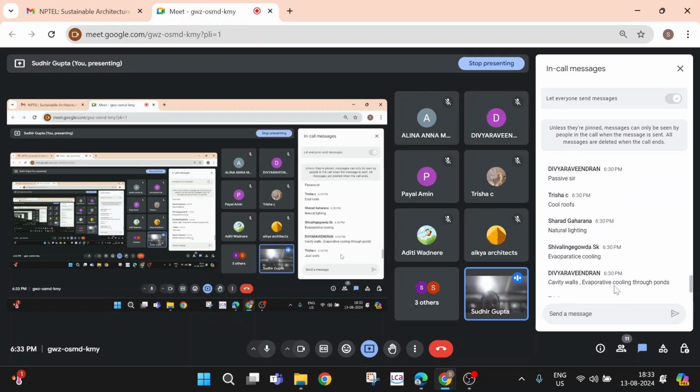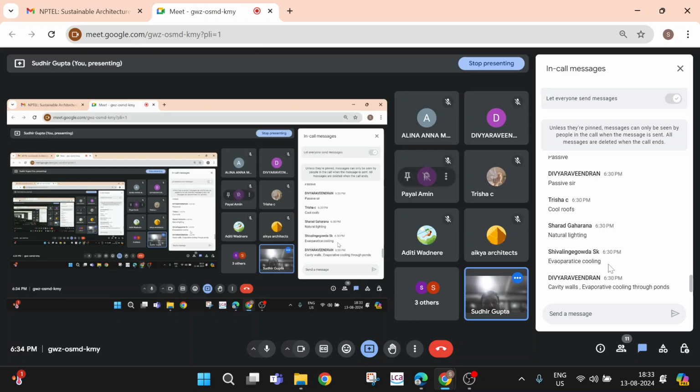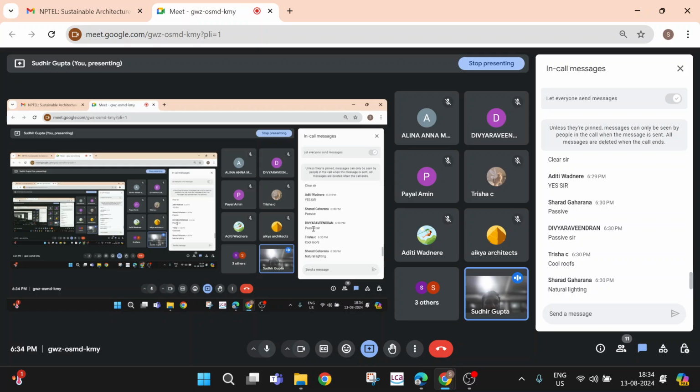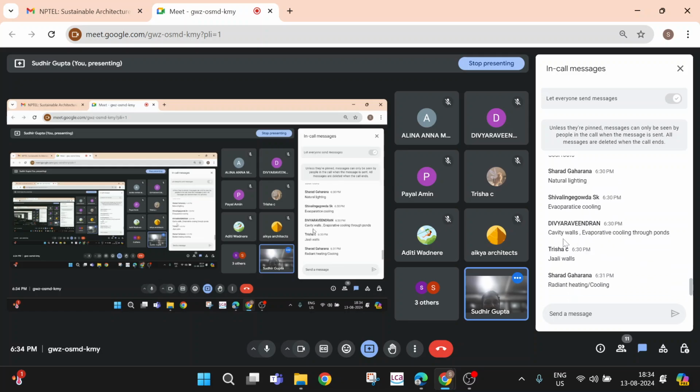So proper selection of which passive strategies suit which region is done before construction of a building. I think it is clear now, so we can move to the next question.